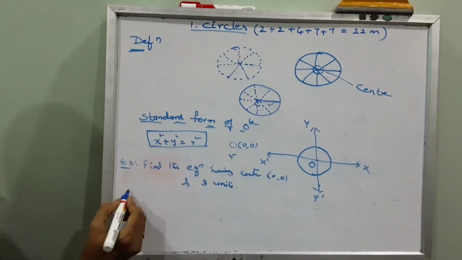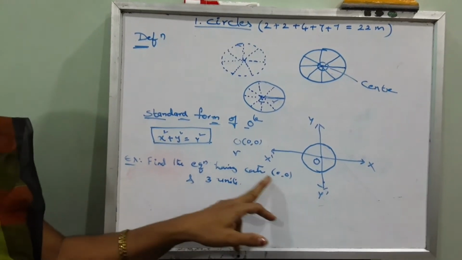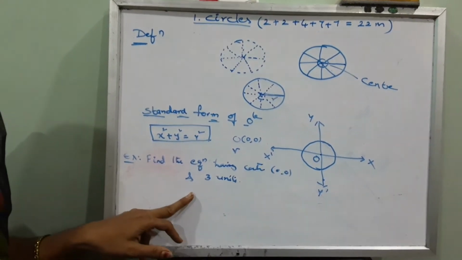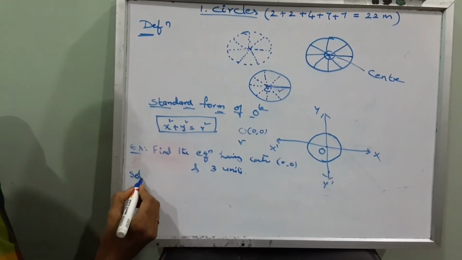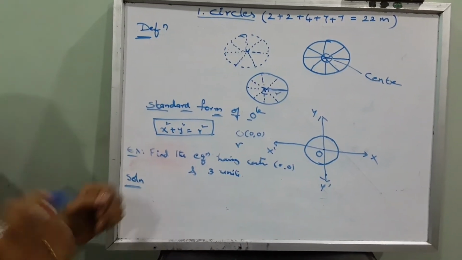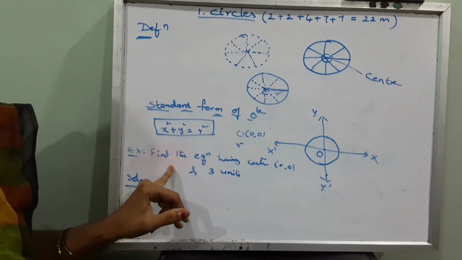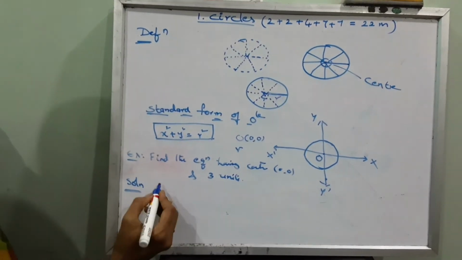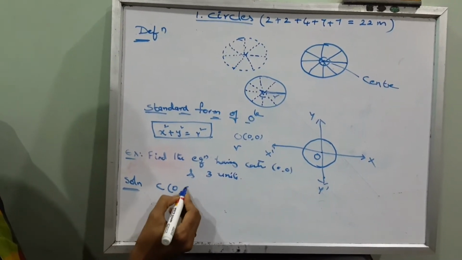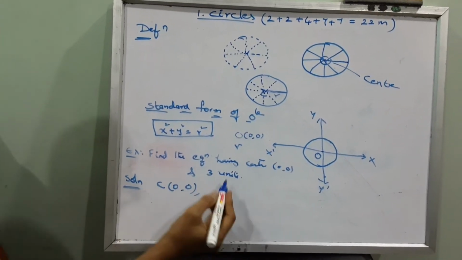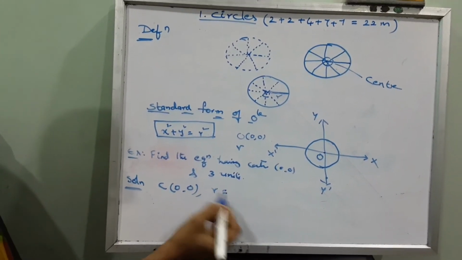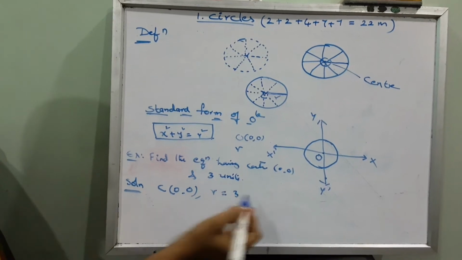The question will be like this. Solution. What is given in the question? Center is 0, 0, denoted by C, and the radius is also given. Radius is denoted by small r is equal to 3 units.